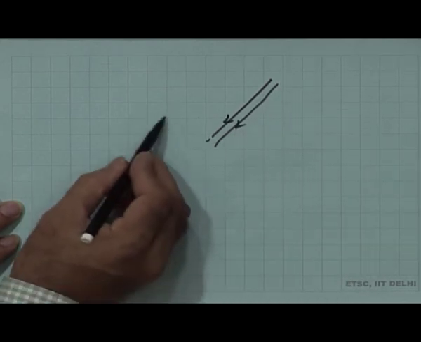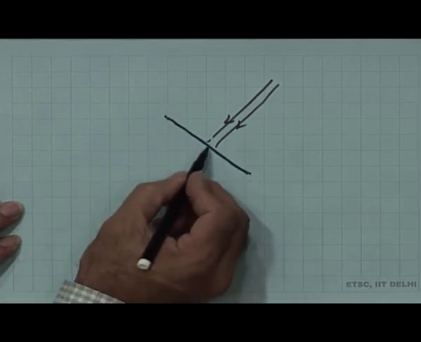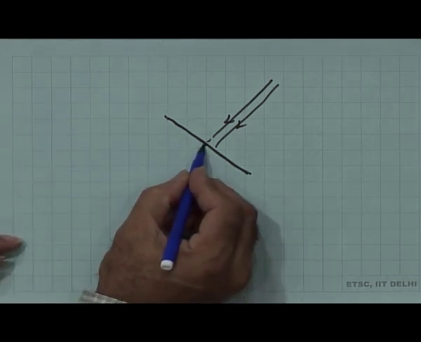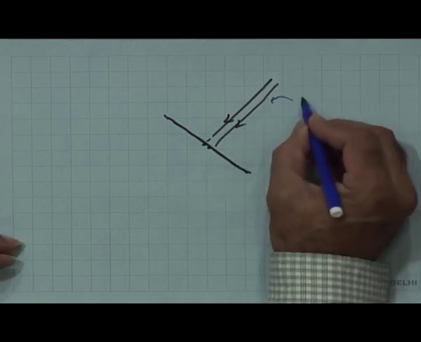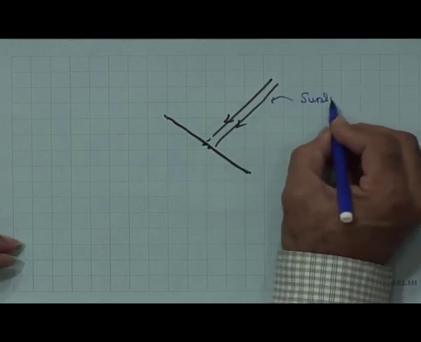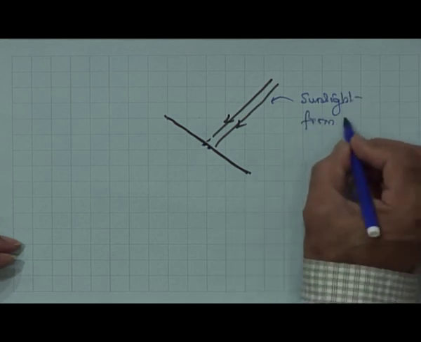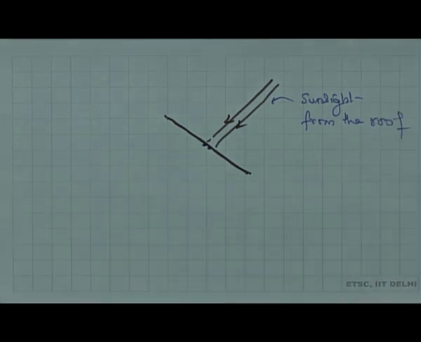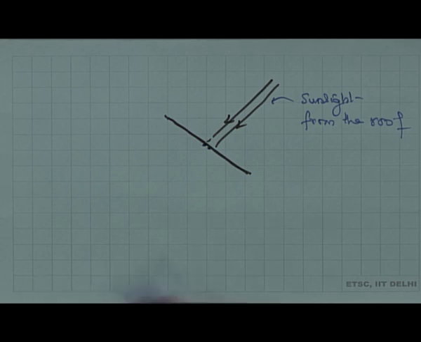He placed a plate which had two small holes here. Apparently, these are the sequence of events which led to Young's double hole experiment.